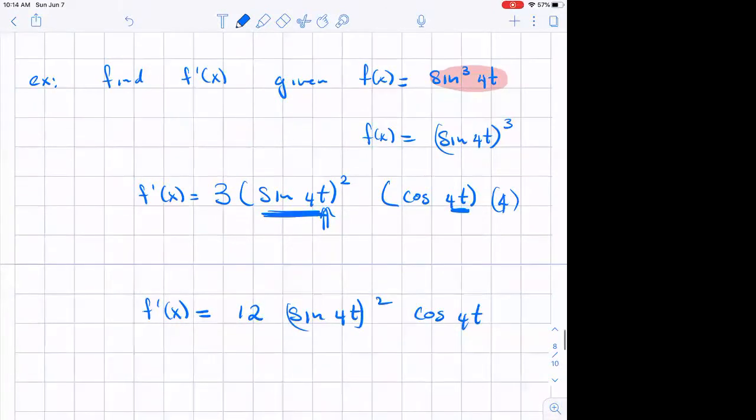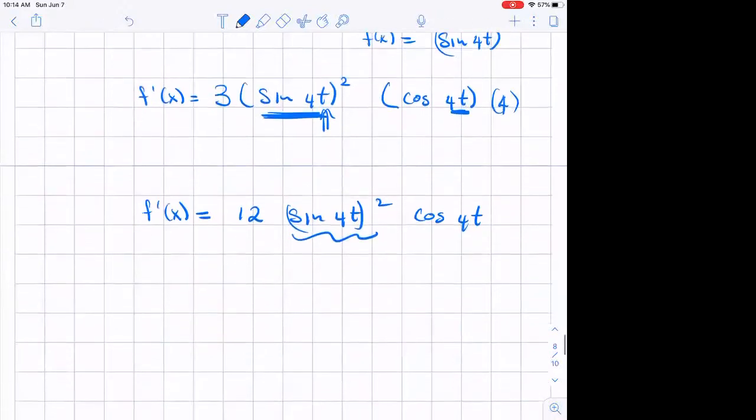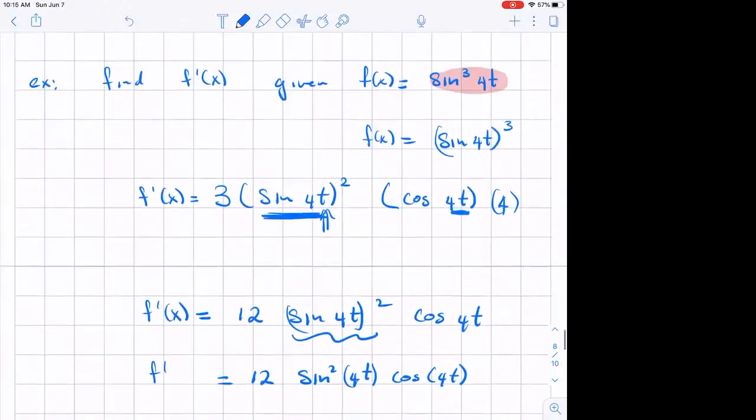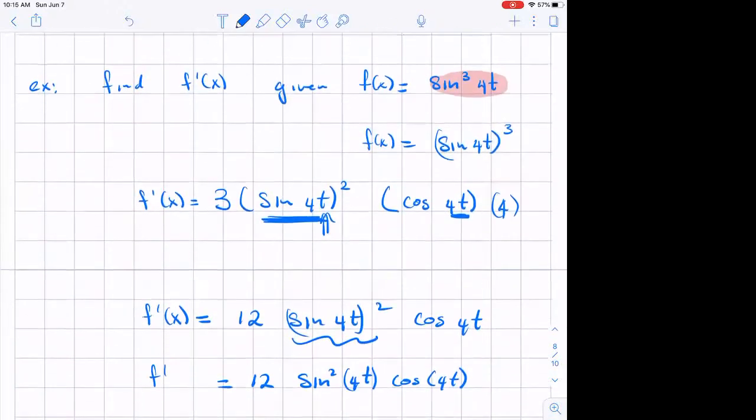Okay, but please keep in mind that this can also be written as, just as we did before, sine squared of 4t times cosine of 4t. And that's our final answer for it. Actually, I keep writing t, it's supposed to be x, right? So let's change all the x to t, f prime of t.